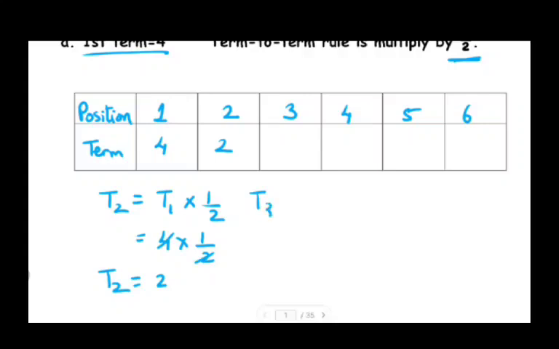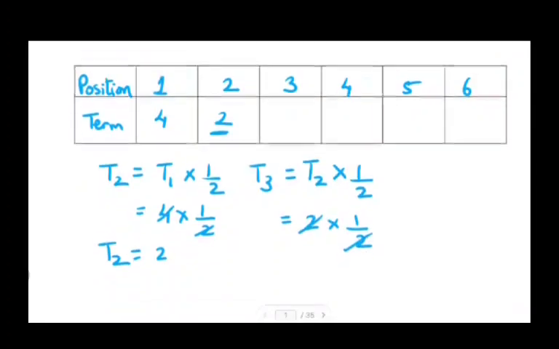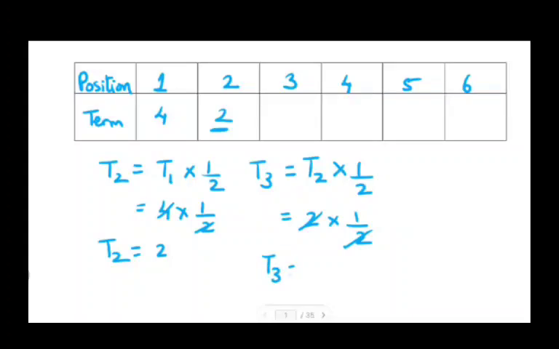Then term 3 is equal to term 2 into half, which is equal to 2 into half. This is my term 2, correct children? Just arrive at it. 2 ones are 2. So my T3, which is my term 3, is 1. Correct?